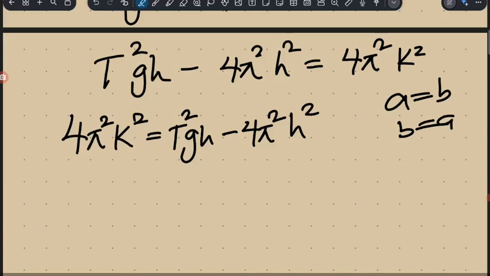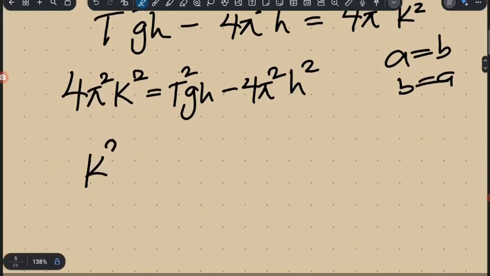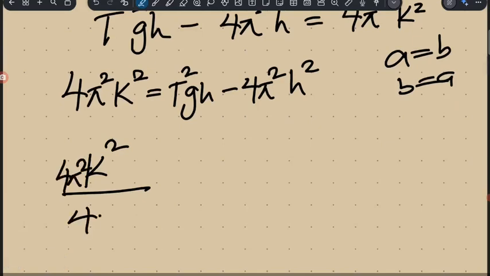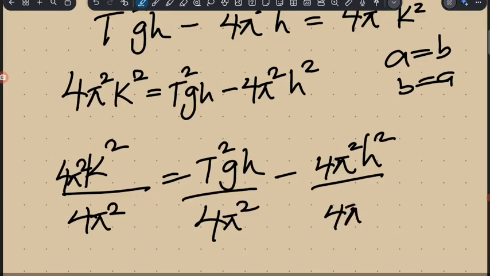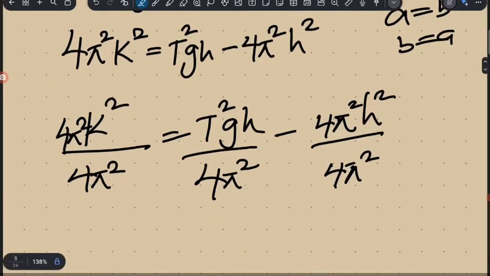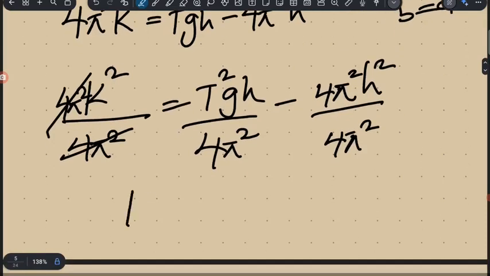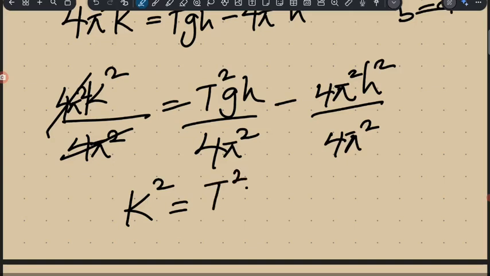So we have k squared over 4 pi squared over 4 pi squared is equal to T squared gh over 4 pi squared minus 4 pi squared h squared over 4 pi squared. So this will cancel this. Our k squared will now be T squared gh divided by 4 pi squared minus h squared, as this cancels this.